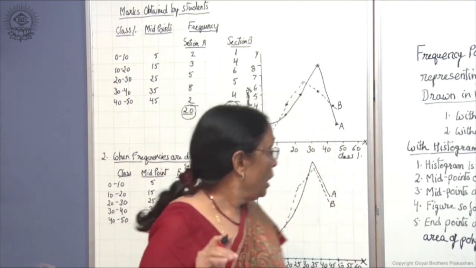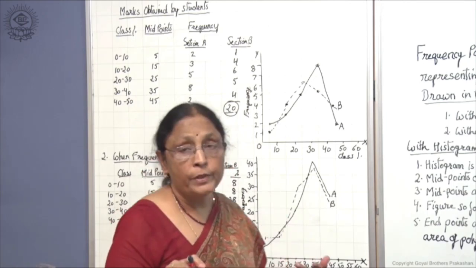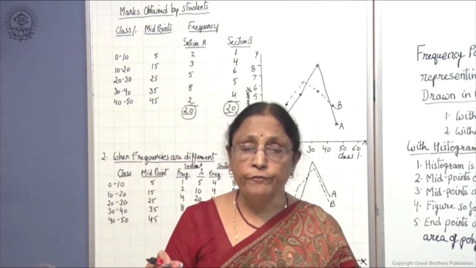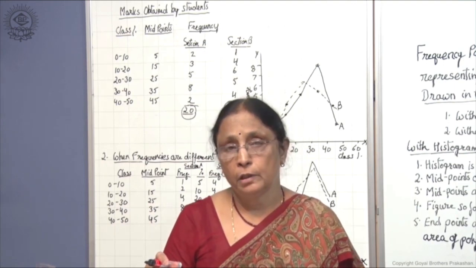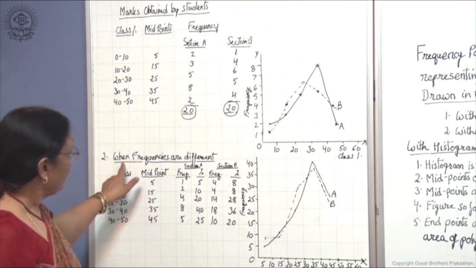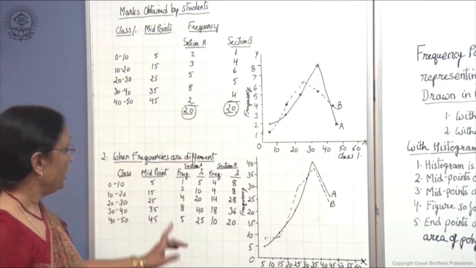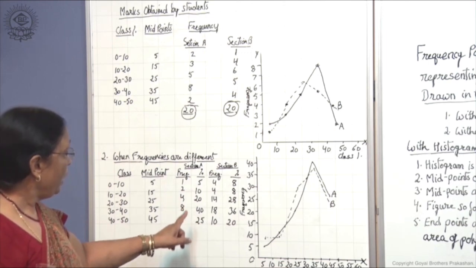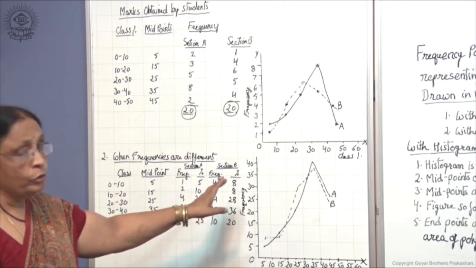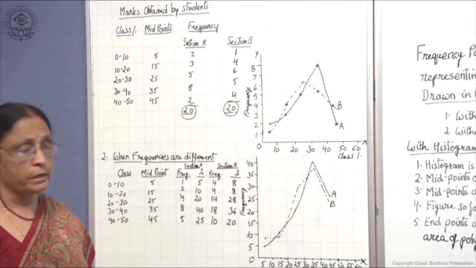Clear? Now another question arises: what happens when frequencies are different and the total is also different? Then what to do? Can we draw the diagram? When frequencies are different and the total is also different, in that case we have to take out the percentage, then only we can draw it on a percentage basis.